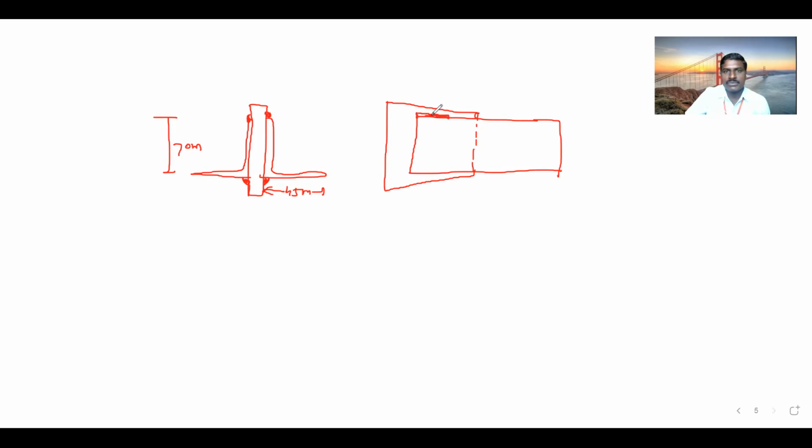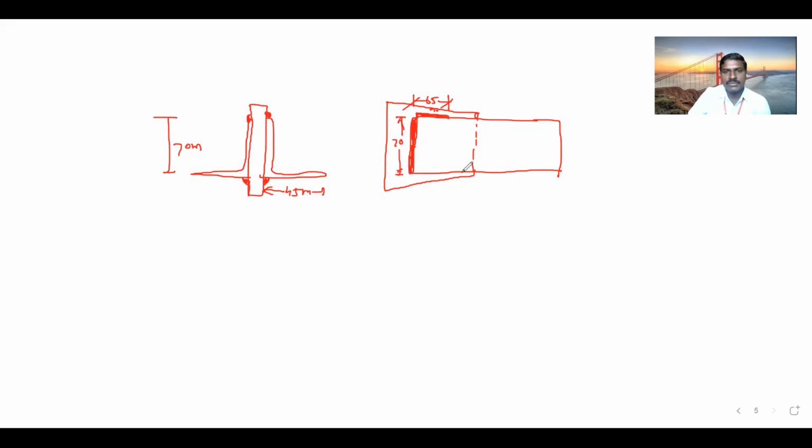How much length we have to weld? L1, 65 mm. So in this way you have to draw the sketch. This is the D, correct? This is the welding side. This is the 70 mm.